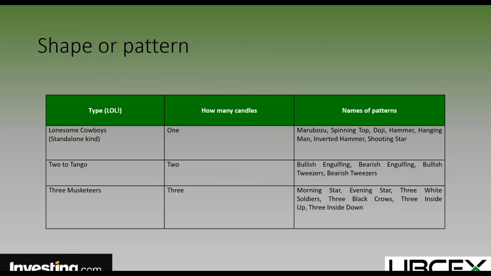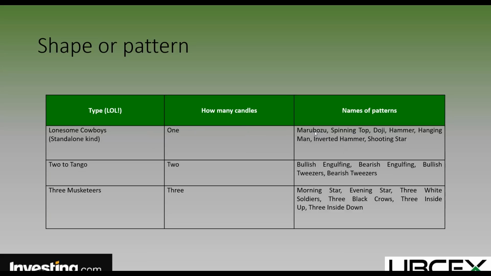So we have the chart in front of you, which I didn't make up. It's a standard chart, except somebody named these cutely: Lonesome Cowboys, Two for Tango, Three Musketeers. We just call them single, double, and triple candlestick patterns. So we have several different single candlestick patterns, and they're on that cheat sheet I gave you.